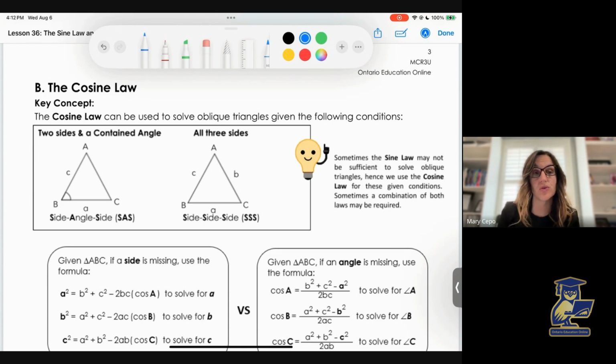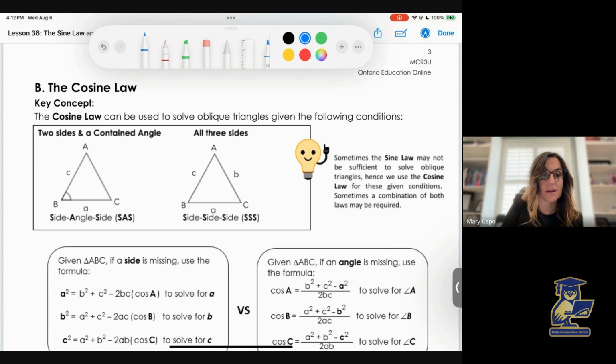If you're given two sides and a contained angle, meaning two sides and the angle those two sides create, then we're using the cosine law. That's side, angle, side. If, however, we're given all three sides, we're also able to use the cosine law. So just as a reference, sometimes the sine law may not be sufficient to solve oblique triangles, hence that's why we use the cosine law for these given conditions. Sometimes a combination of both laws may be required.